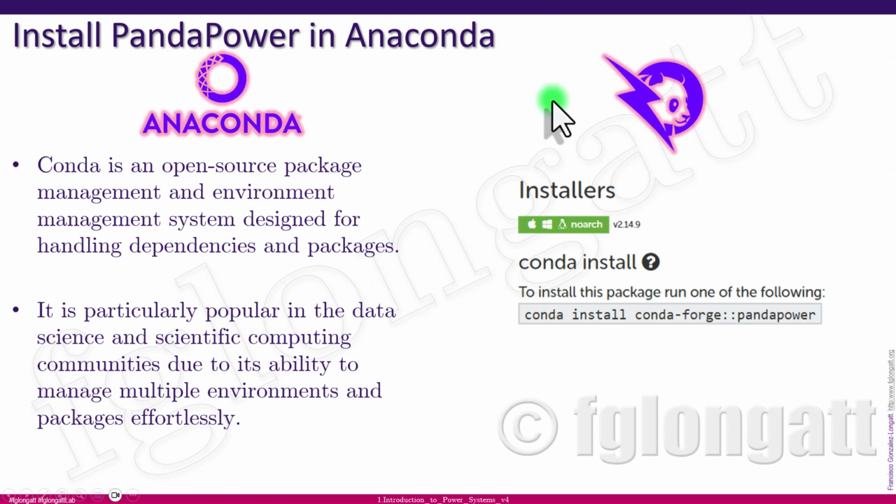Using Conda to install PandaPower is very simple, because what you need to do is go to the shell and write this command, conda install -c conda-forge pandapower, and you will be able to install PandaPower there. So without further delay, I would like to show you the process. Right now I will go to one of the computers inside the lab, and I will show you the installation process, so let's go there.